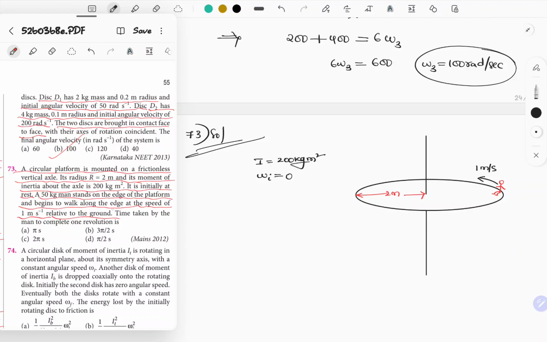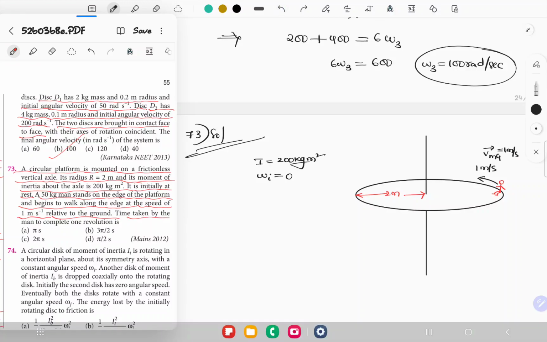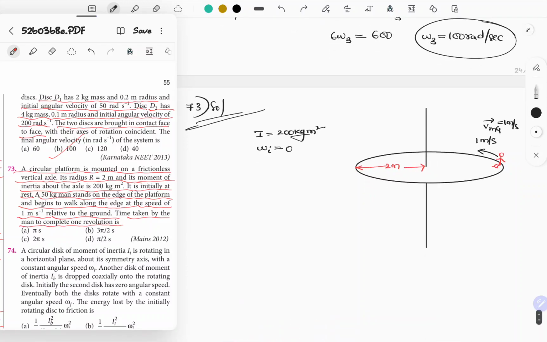This is the velocity of the man with respect to the ground, which is equal to 1 meter per second. Next, the time taken by the man to complete one revolution is asked.